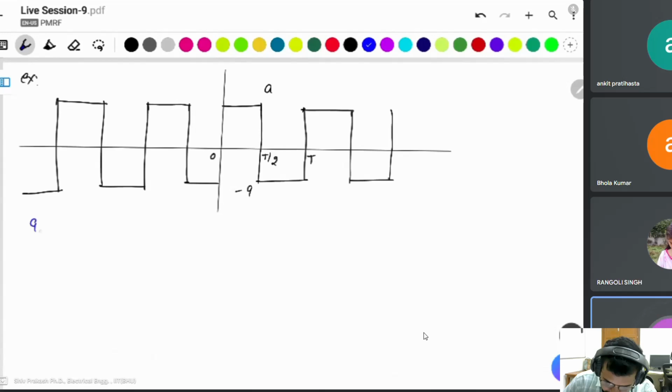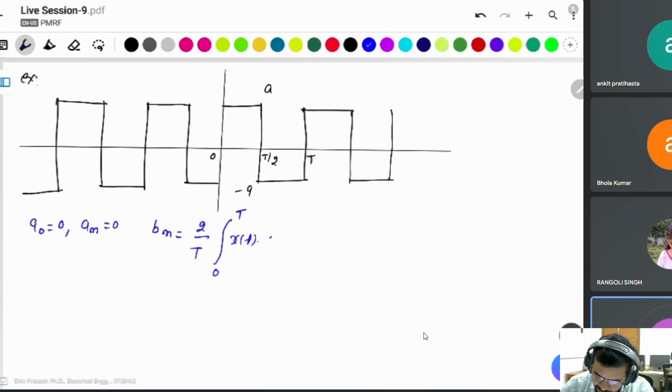Here a naught is equal to 0, an is equal to 0, because this is an odd function. Bn, you know, is 2 by T integration from 0 to T or minus T by 2 to T by 2 for a time period, you can take any one, x of t into sin of n omega naught t dt.